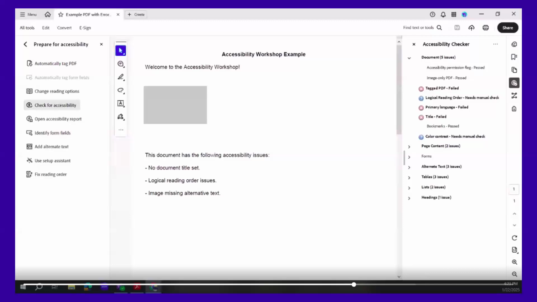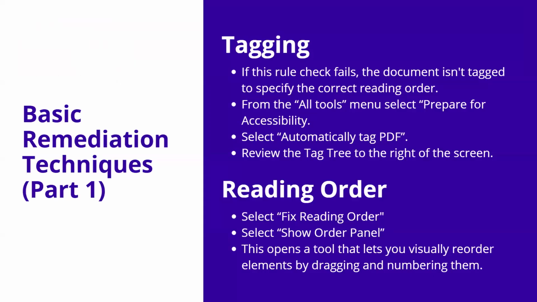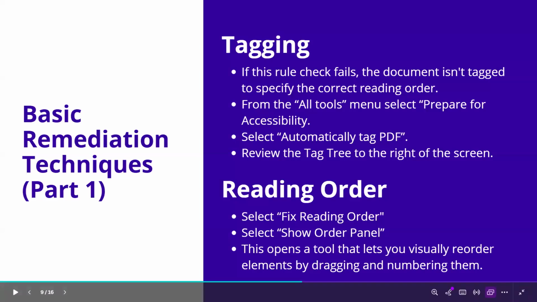You would go back to your original document if it was a Word document and fix things there, or create a new one using styles and headings, and you can do alt text and make sure that the document is correct before you save it to a PDF. So this is an awful lot of work for a simple PDF, but it's just to highlight a few of the sequences. So we'll move on to the next slide, which is part one with the basic remediation techniques.